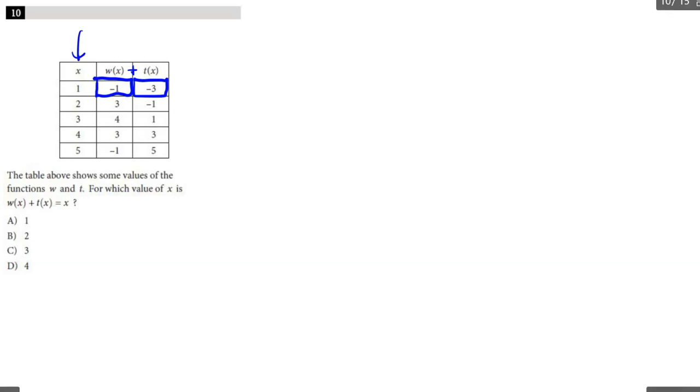In this first row, w(x) + t(x) equals -4, so that one didn't work. Now we go to the next row. 3 plus -1 equals 2. That one I believe works. I think that's going to be our answer.